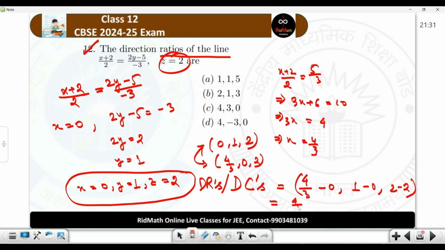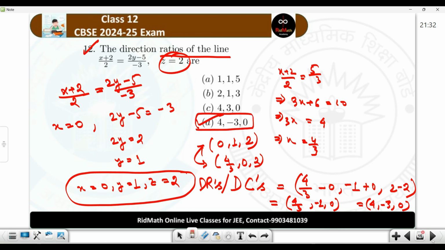So this is (4/3, 1, 0), that means (4, 3, 0). Sorry, this is 0 − 1, that is −3. So the direction ratios are (4, −3, 0). That means option D is correct, (4, −3, 0).